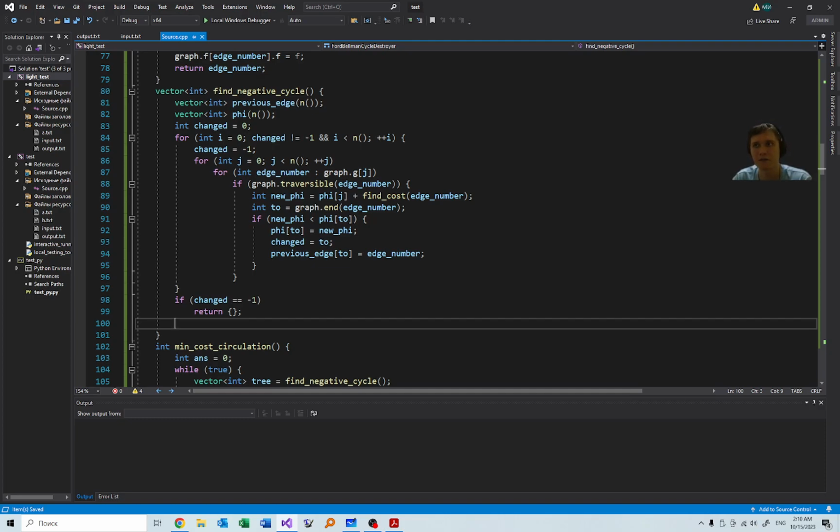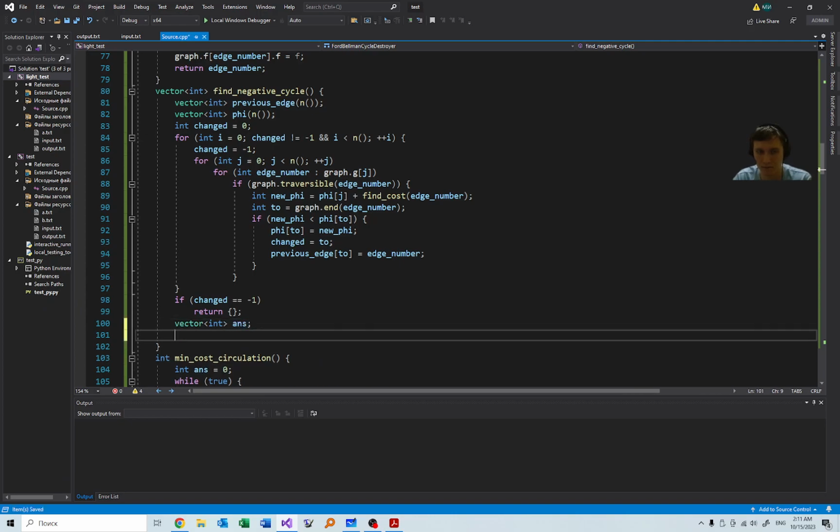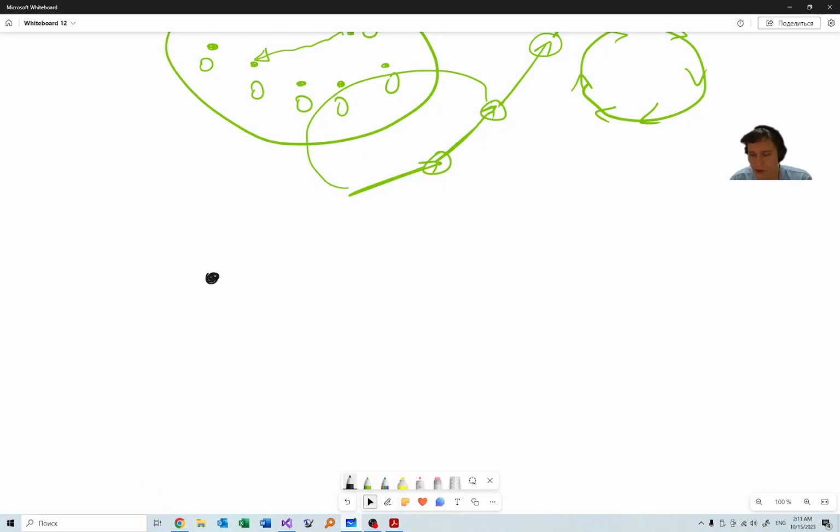Okay, now I need to find all edges of some cycle, starting with changed. So what do I need to do?